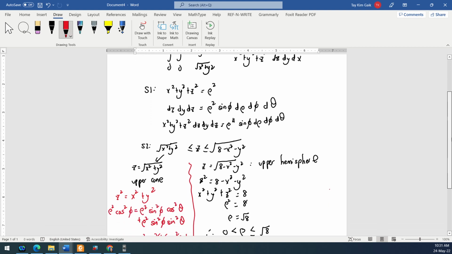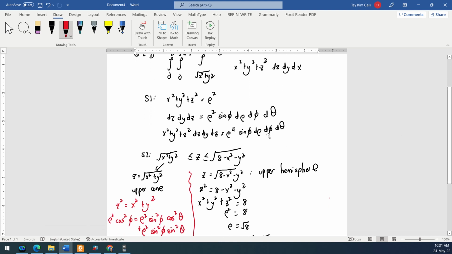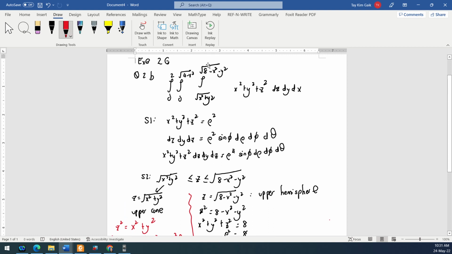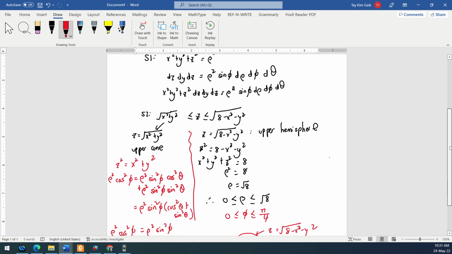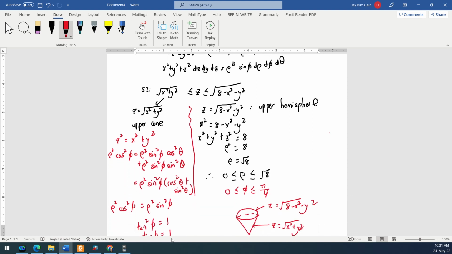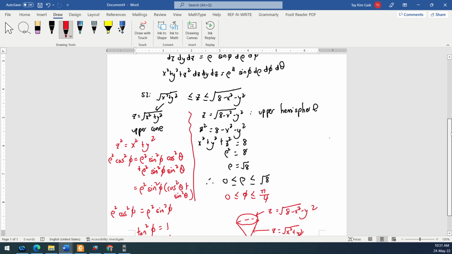Hence, you need to determine the limits for rho, phi, theta. The limit for rho you may get from the limit for z, because we integrate with respect to z first. The lower limit of z equals root of x squared plus y squared, which is the upper cone. Solving the upper cone, you will get phi is pi over 4.